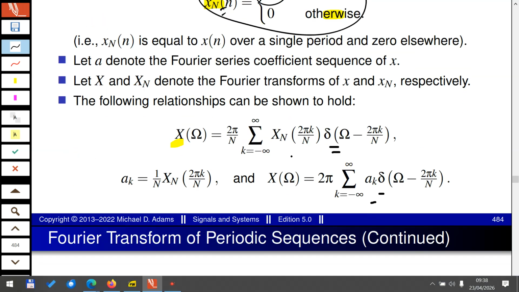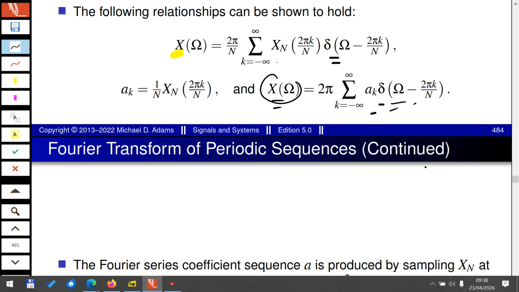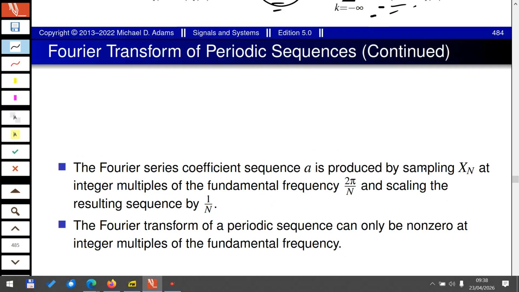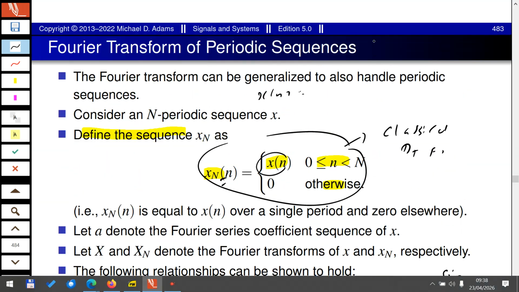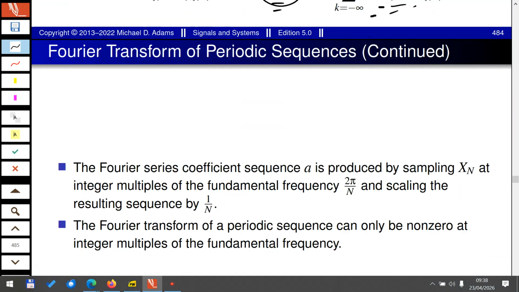And that also appears. So the actual transform will be a sum of these. This is very similar to what we had in continuous time. In continuous time, we also had this issue that the CTFT of periodic signals was not straightforward, so we had to utilize the Dirac delta. This is similar here.